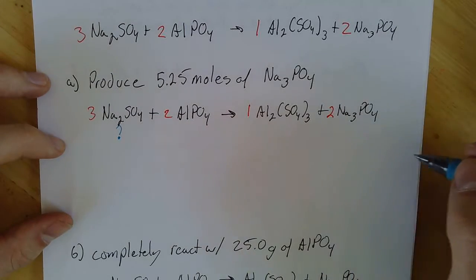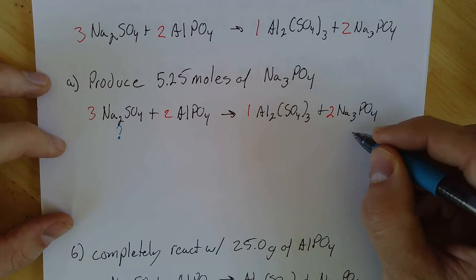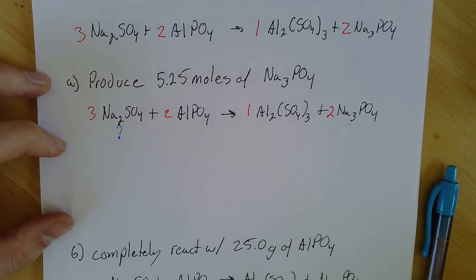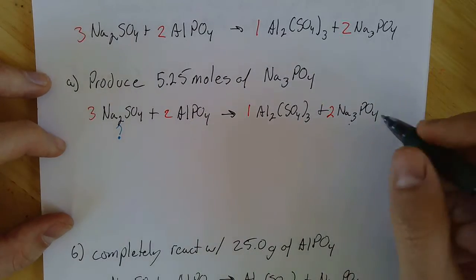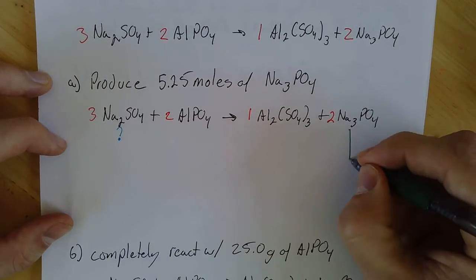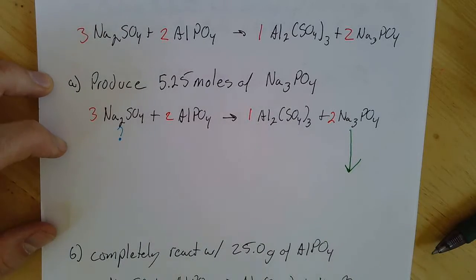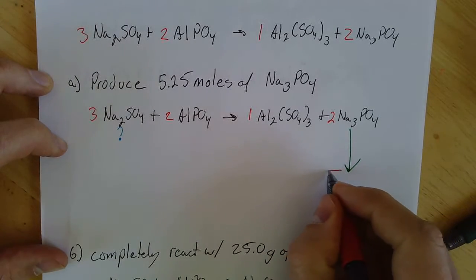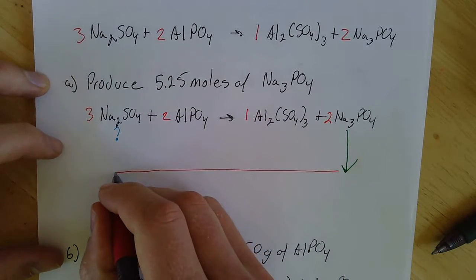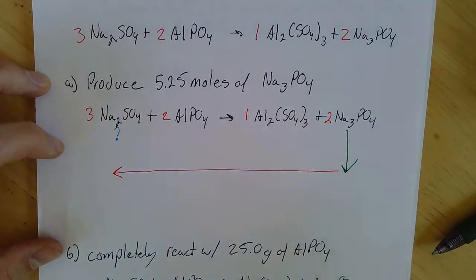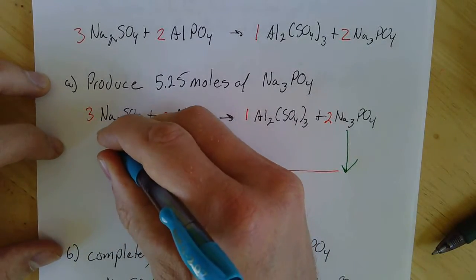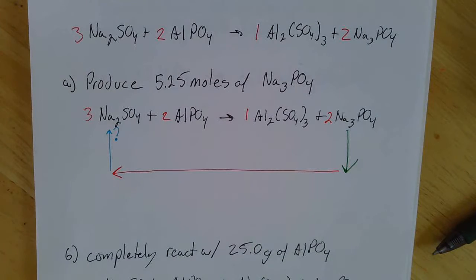Now, one thing I'm going to show you as I do this is I'm going to draw in different colors, different lines. So I'm going to draw this, and then I'm going to come over. There's a green line, here is a red line, and then we'll do our blue line because we're going to go to our blue question mark. All right, so stoichiometry problems set up this way.